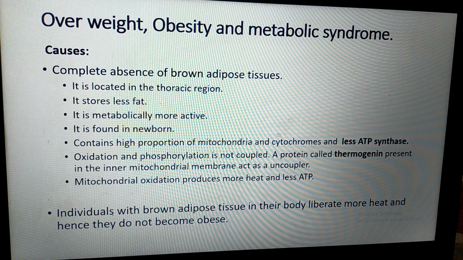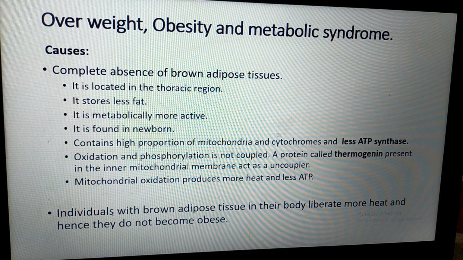Therefore, when an electron is transported through the electron transport chain, it releases energy, and that energy cannot be fully converted into ATP, and that energy is lost in the form of heat. At the same time, a protein called thermogenin is present in the inner mitochondrial membrane of mitochondria of brown adipose tissue.